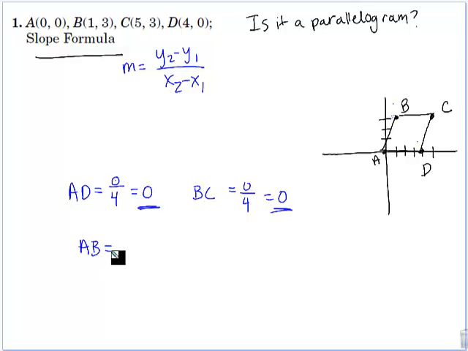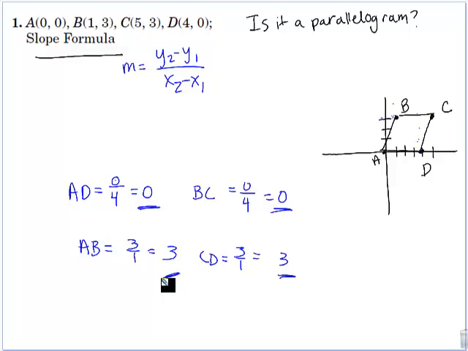A to B. Our rise, 1, 2, 3. We went over 1. So it's 3 over 1 for the slope, reduced down to just 3. Slope from C to D. We rise 1, 2, 3 over 1, which reduces down to 3. 3 and 3 are also the same.